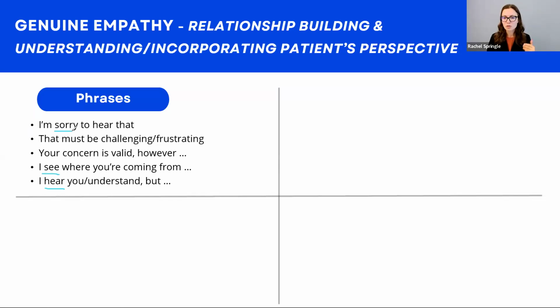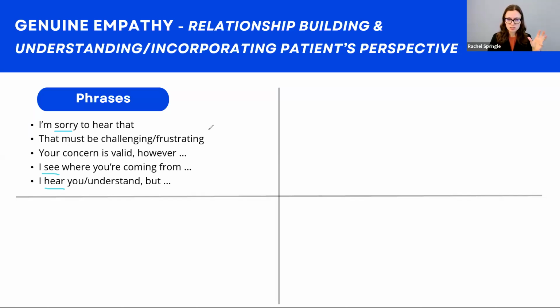We also use the word sorry, not to apologize, but more to show them that you are empathizing with their state. So the word sorry is a fascinating word in English. It's used in so many different ways. And this is actually one of those ways to bridge that gap and to enter the patient's world and to say, I am sorry to hear that.